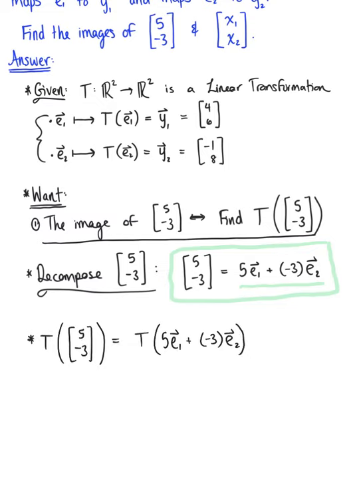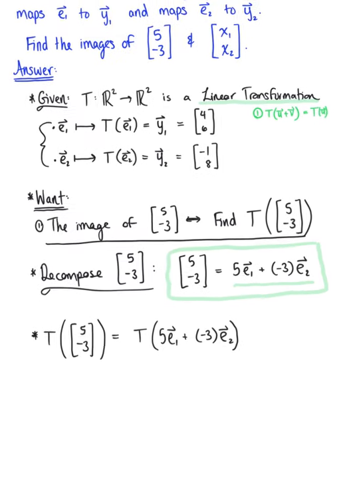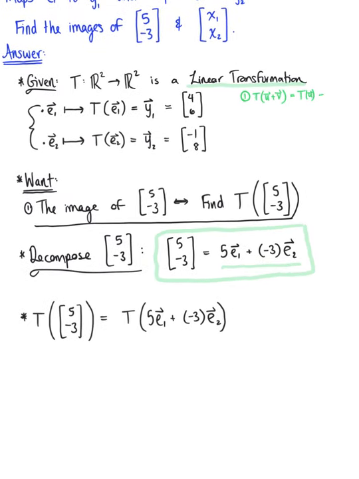Now, since T is a linear transformation, we know by definition that it preserves the operation of vector addition. So in other words, the image of the sum of vector u plus vector v is equal to the sum of the images.